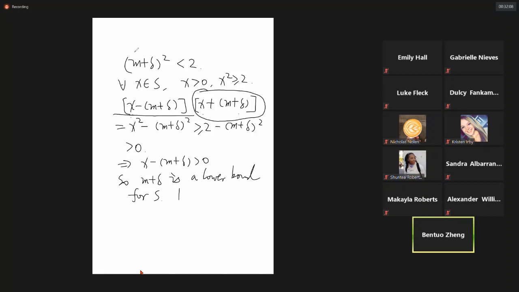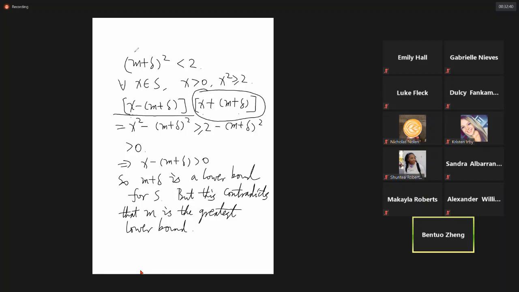But this is a contradiction. This contradicts that m is the greatest lower bound. Okay, because m plus delta is greater than m, and it's also a lower bound.